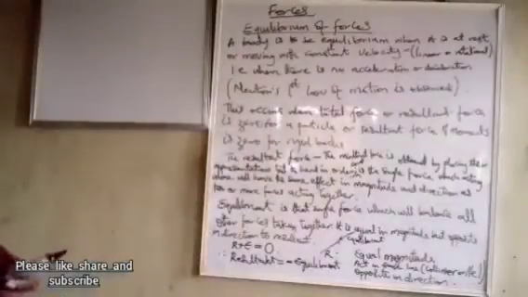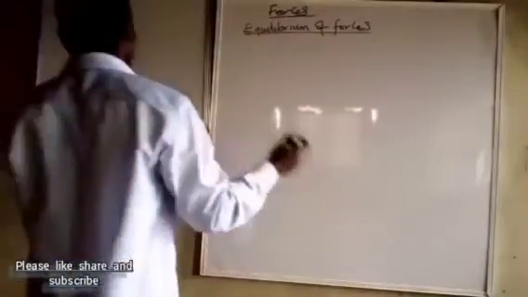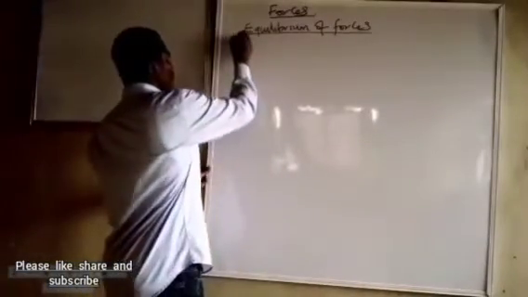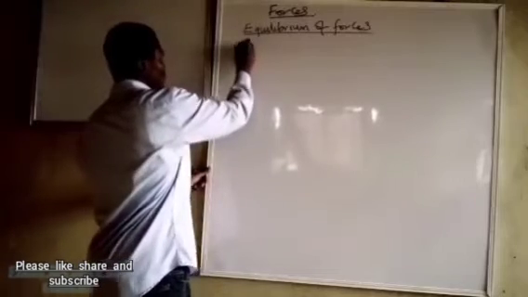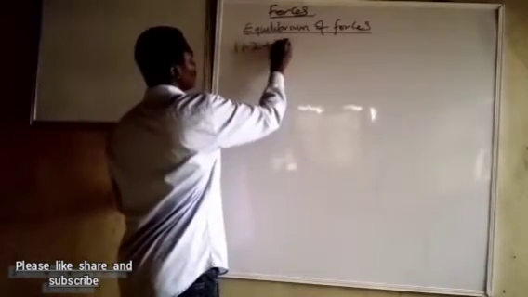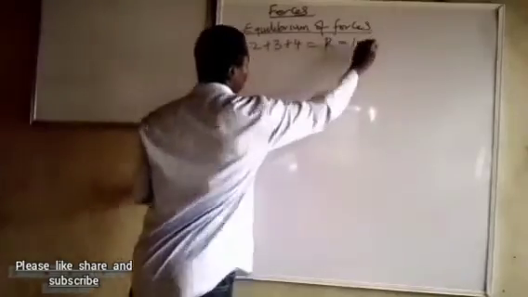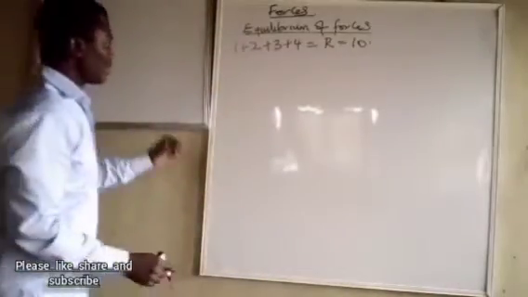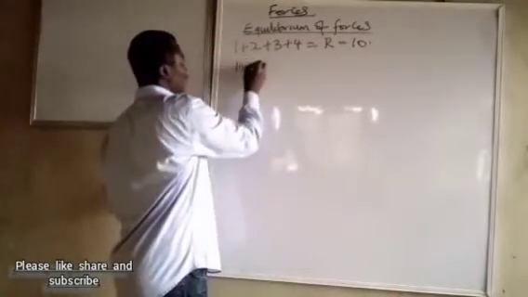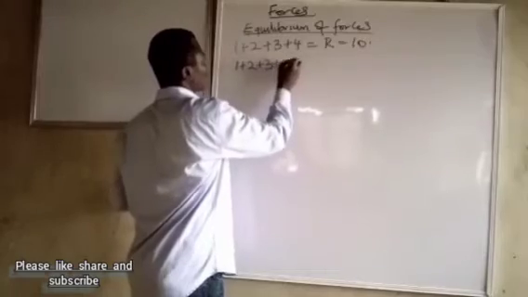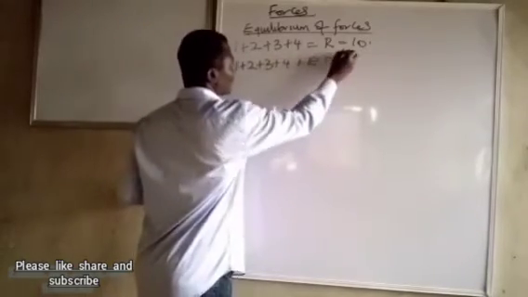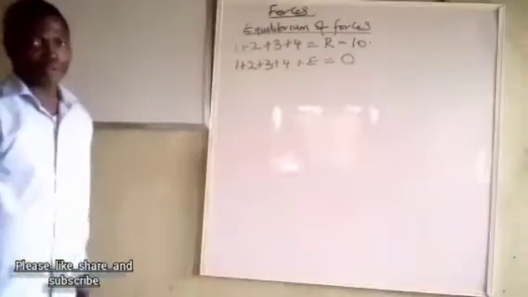Let's just look at it algebraically. When we are trying to show what resultant means, we brought expression like this. And this is R. We got 10. But what we are now saying is that equilibriant will be something like this. That is, it will nullify the effect of all these forces.